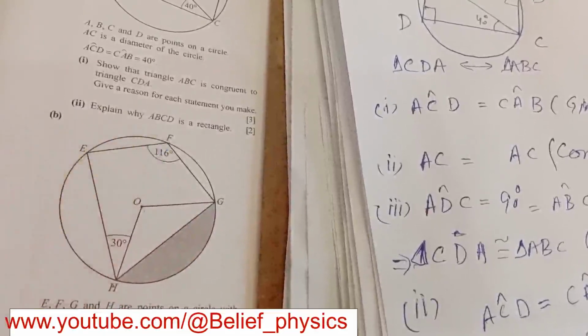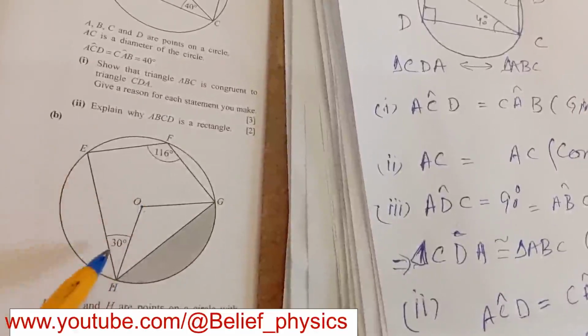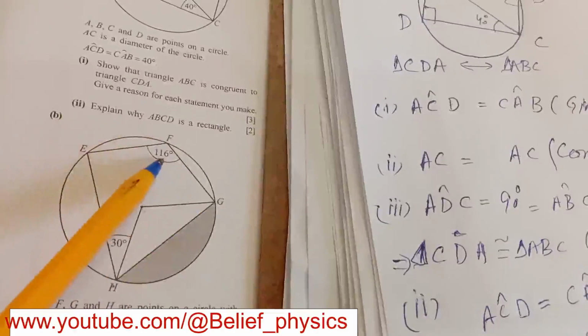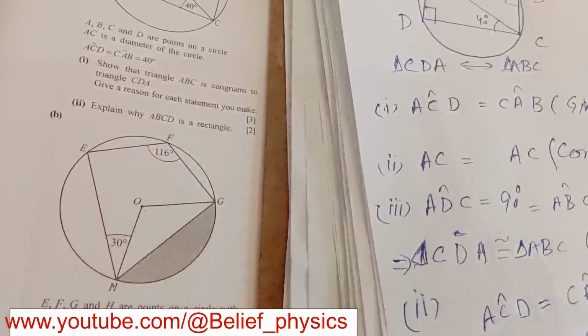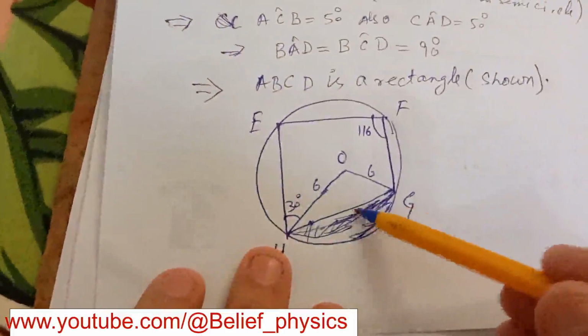OF will also be equal to 6. The question gives angle EHO as 30 degrees, and angle EFG as 116 degrees. Calculate the shaded area. We have to calculate this shaded area.